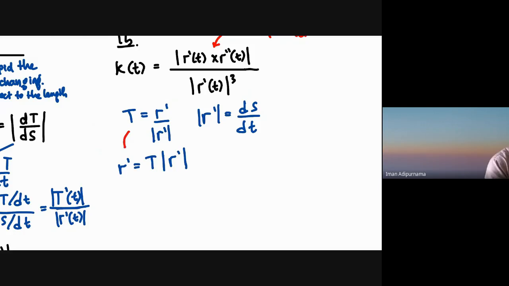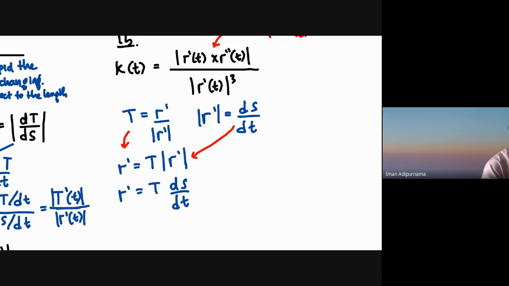Okay. Arrange this form. And this is changing to here. So r prime is T ds dt. Okay.